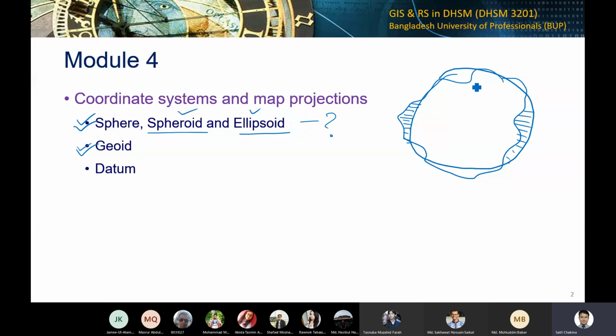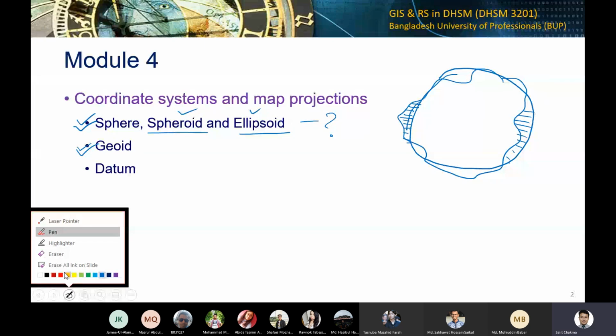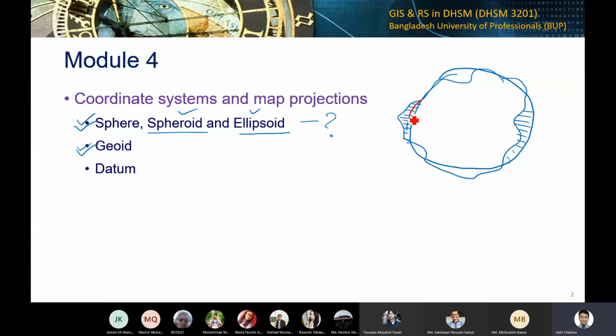To avoid that, we have the geoid. What the geoid does is it creates in-between lines of this depression and this protrusion. Creating such in-between lines, it says, all right, this is the surface of Earth, which matches the spheroid or ellipsoidal shape, as well as the actual surface or rugged terrain of the Earth's surface. And how do we do that?